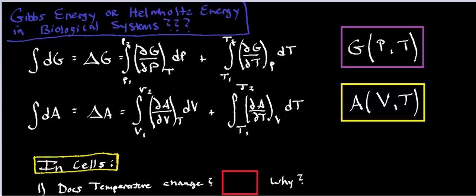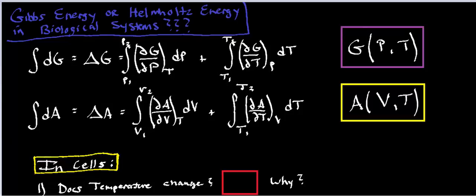So Helmholtz free energy tends to work best when you have a constant volume and constant temperature, okay? Gibbs free energy tends to work better when you have constant temperature and constant pressure, okay? Now, if you think about what's easier to control in the lab, pressure or volume, it's a lot easier to control pressure because generally things are open to the atmosphere, right?